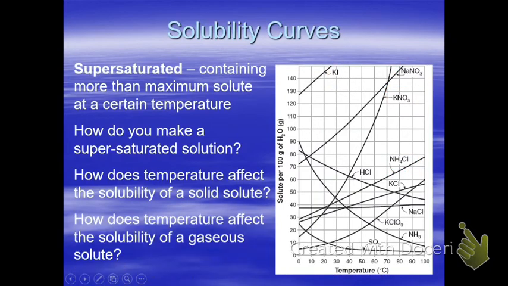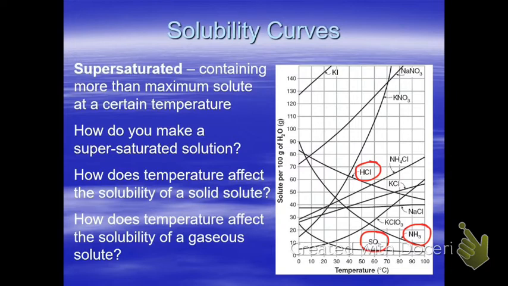how does temperature affect the solubility of a gaseous solute? Any line on this graph that has a negative slope, HCl, ammonia, sulfur dioxide, those are gaseous solutes. So as temperature goes up for those, I can't dissolve as much. If you think about it, this is why we keep sodas in the refrigerator.